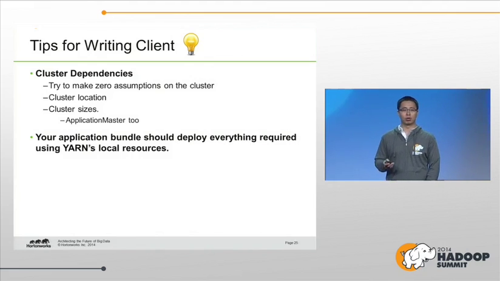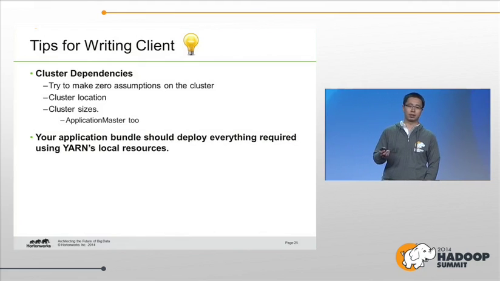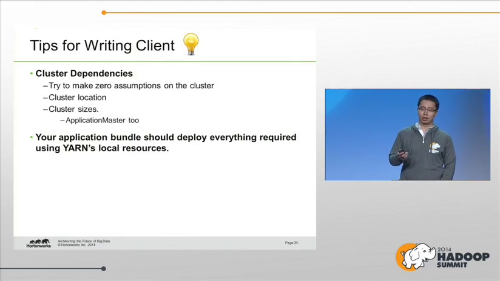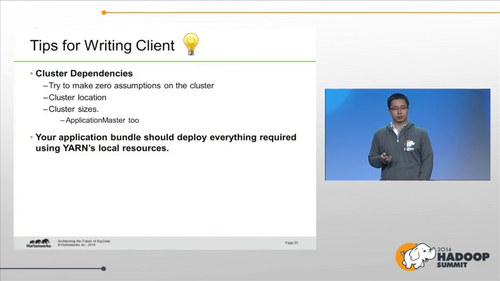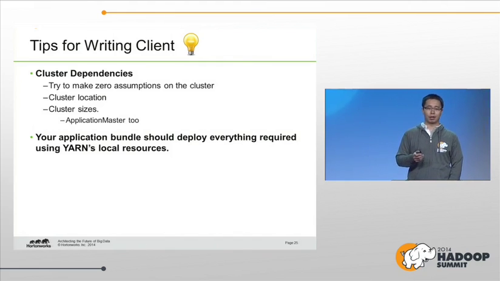Your application may run locally or remotely. It may run on a 10 node cluster, or on a 1,000 node cluster. So please make sure your code is general, and not specific to a particular type of cluster.